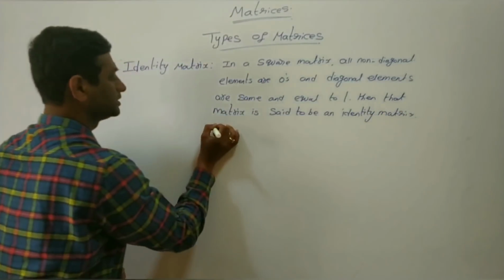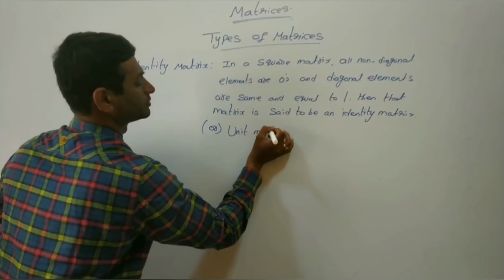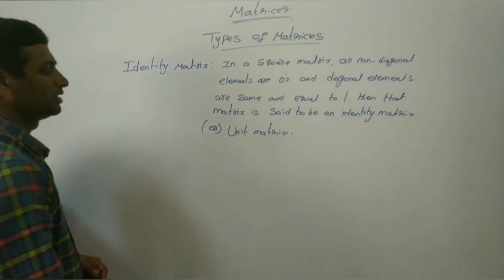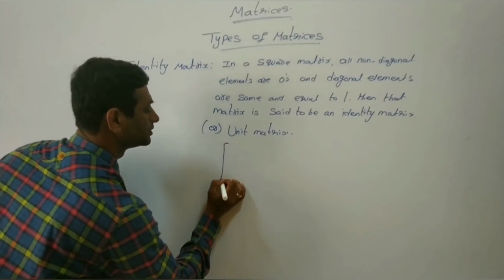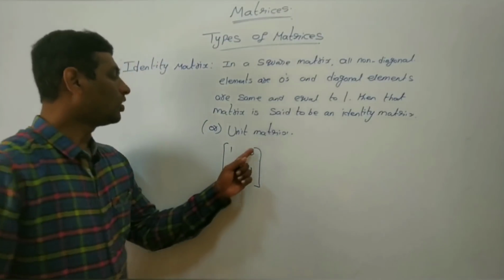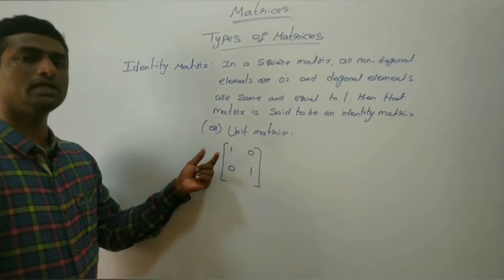Or we can say unit matrix. For example, 1 0 0 1. All non-diagonal elements are 0 and all diagonal elements are equal to 1.